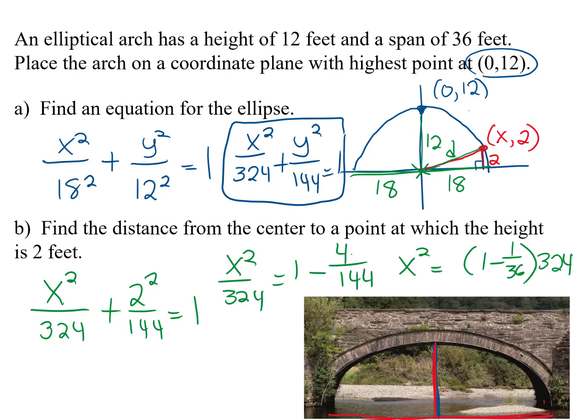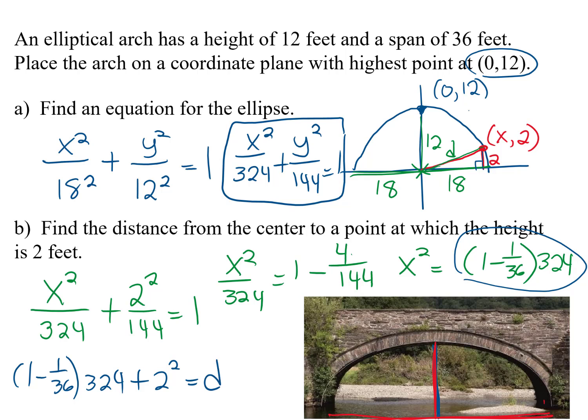So I can take the x value over to that point squared. Well, x squared was this, so that's going to be 1 minus 1 over 36 times 324, plus the y value squared, so that's 2 squared, and that will give me the distance squared.